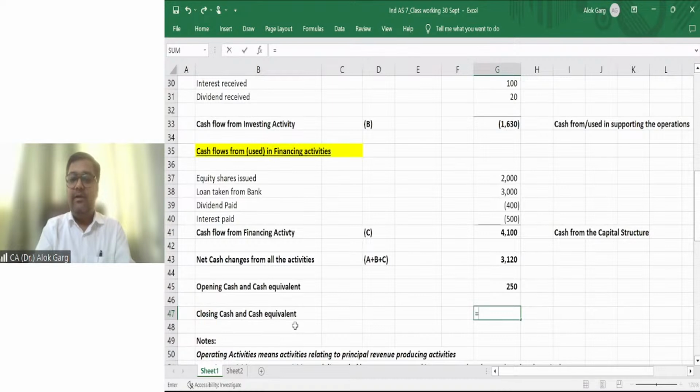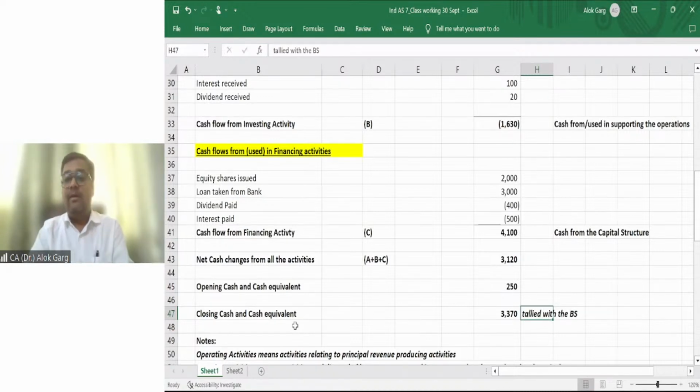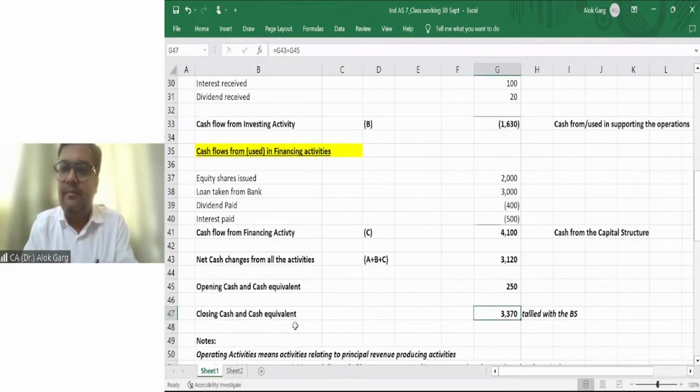It should be 3120 plus 250. It must be 3370, which should be tallied with the balance sheet, right? Is that clear? This is how this cash account has to be prepared. This is how this statement of cash flow has to be prepared.